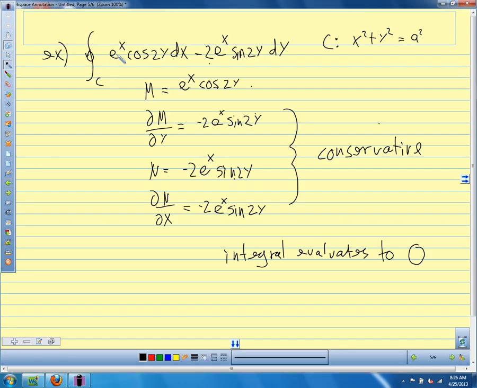Well, when we do F dot r prime, that really is what this is. Because r prime is dx/dt i plus dy/dt j. Right, you just have one parameter. And to evaluate this directly, we would change everything into one parameter.